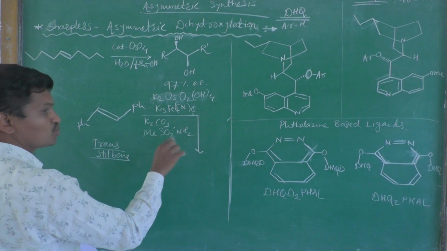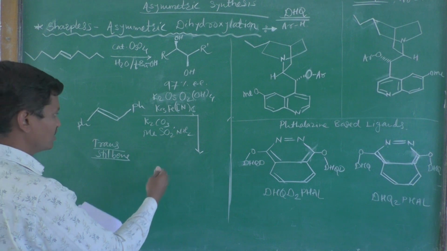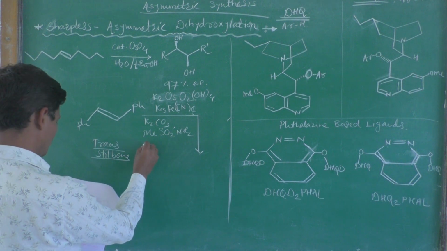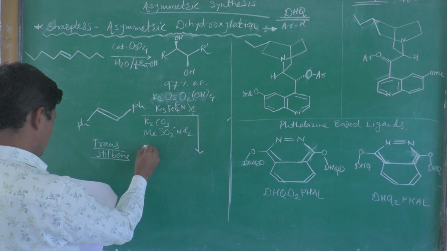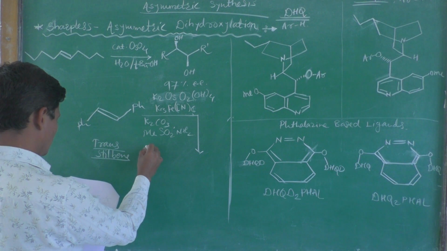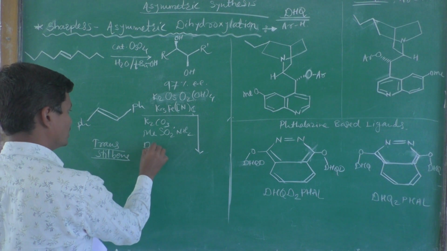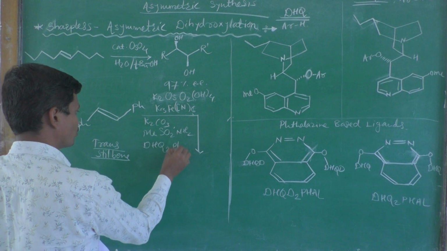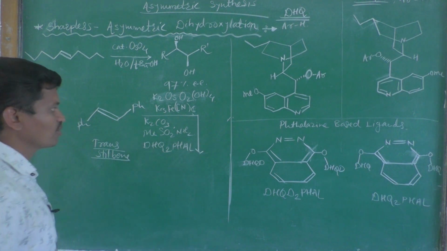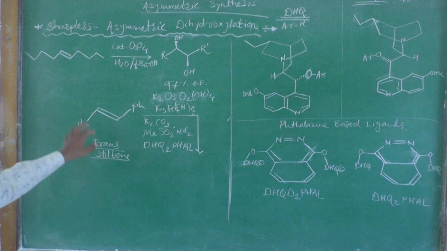Okay, this is used to increase the rate of reaction, and one chiral catalyst used here, DHQ2 phthal. Now this is trans-stilbene.